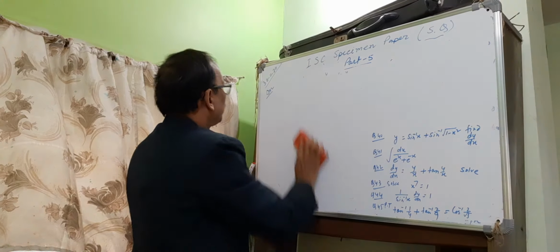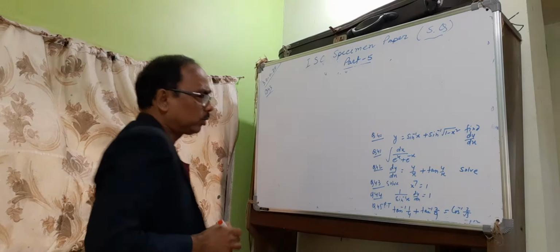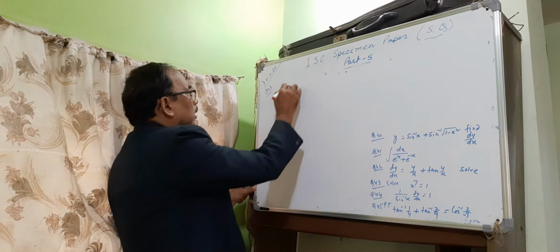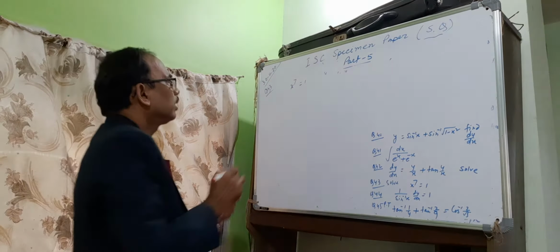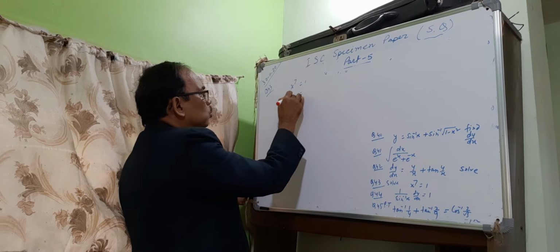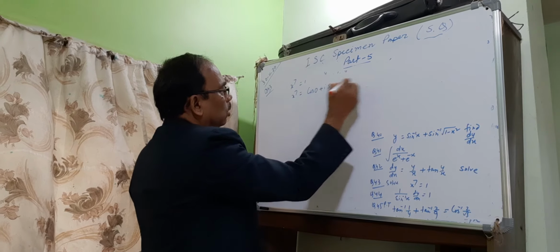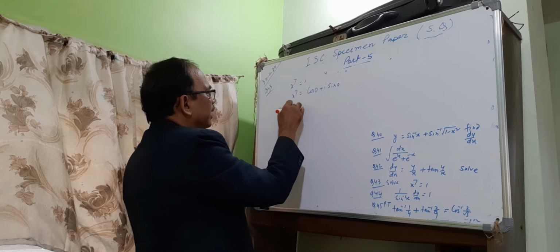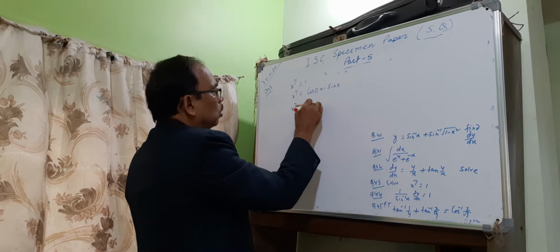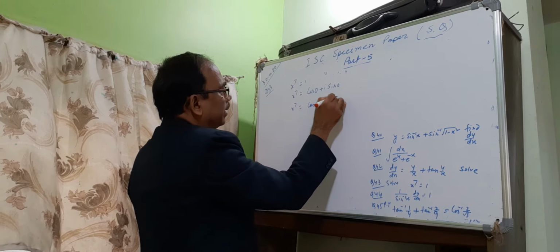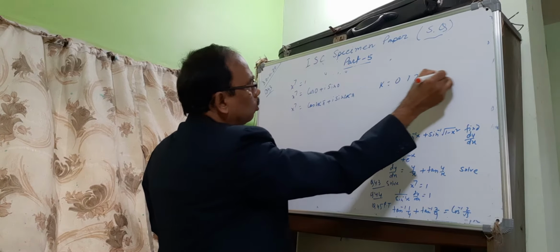Next, sum number 43. Question number 43. Solution. It is x to the power 7 equals 1. It is a complex number sum. Now 1 we can write, x to the power 7, 1 is cos 0 plus i sin 0. By de Moivre's theorem, x to the power 7 equals cos 2k pi plus i sin 2k pi, where k equals 0, 1, 2, and so on.